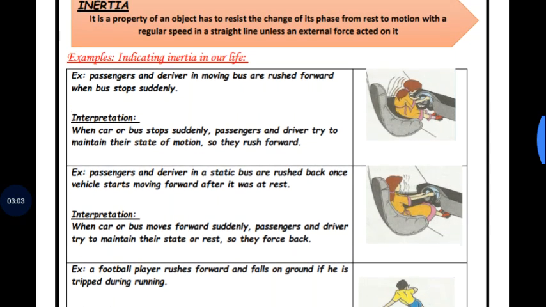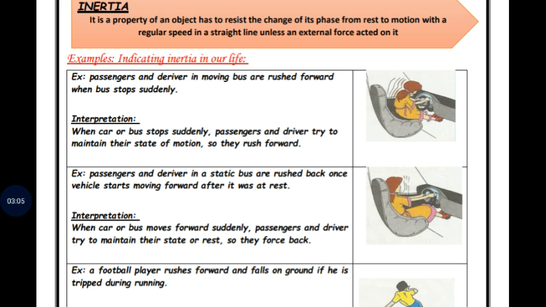One more time. When the bus stops suddenly, the passengers and the driver rush forward to maintain the state of motion.